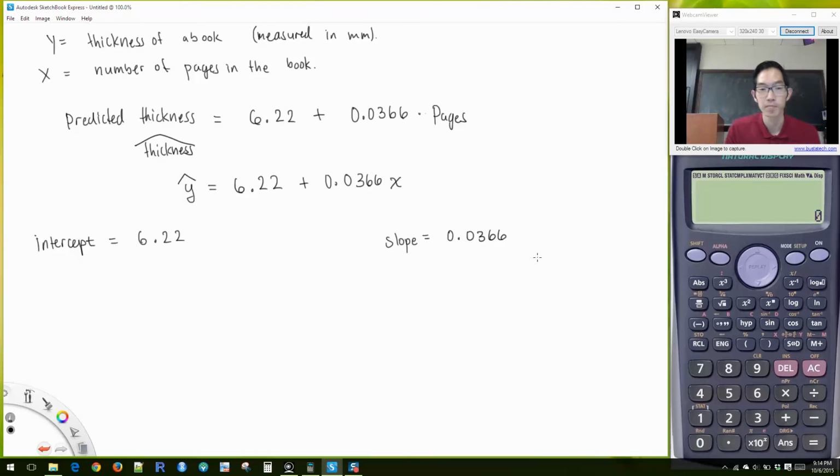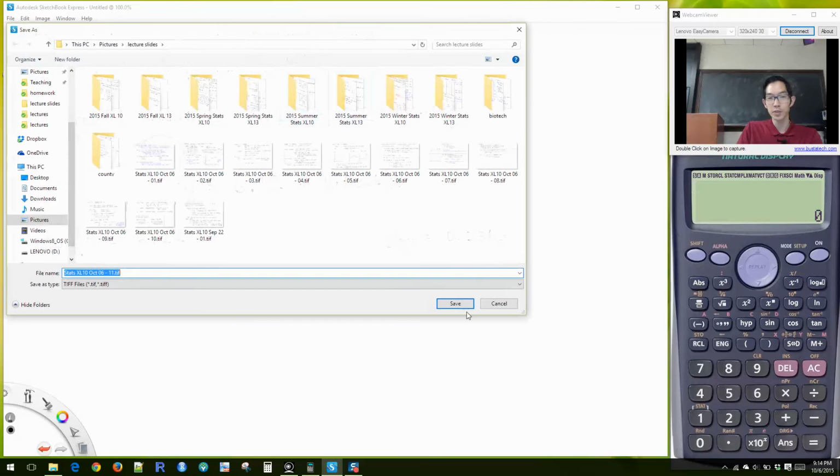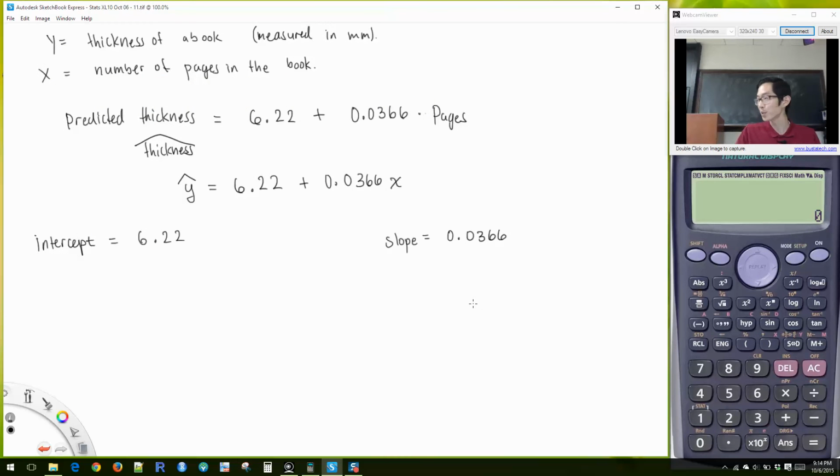Okay? Quick check, I know I already wrote this in your notes, but don't look at your notes. What is the response variable? The y is the response variable, so our thickness is the response variable. What is our predictor? Number of pages. Okay, the predictor is our x variable, it's the number of pages.